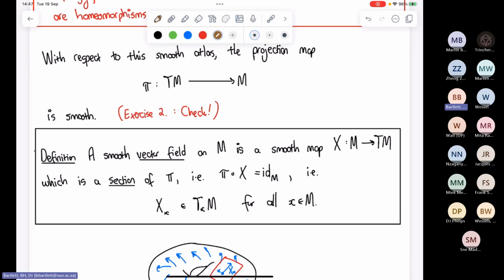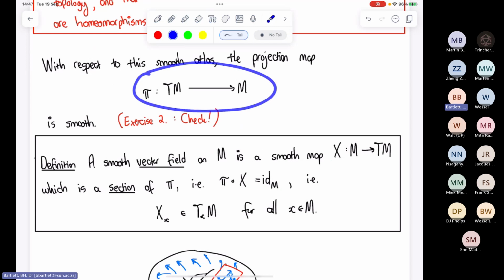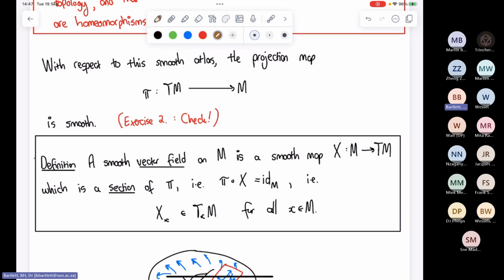So I've defined a smooth atlas on the tangent bundle, and if you go and check, you'll find that with respect to this smooth atlas, the projection map from the tangent bundle to the underlying manifold M is actually smooth. I've defined what this is as a smooth manifold, and I've got this projection map. What does it do? It sends a point x comma b.